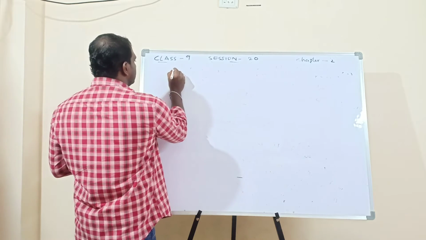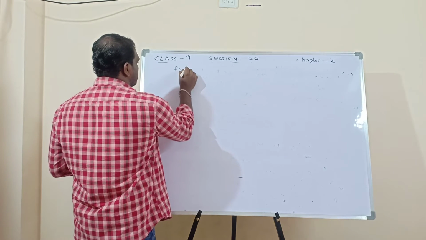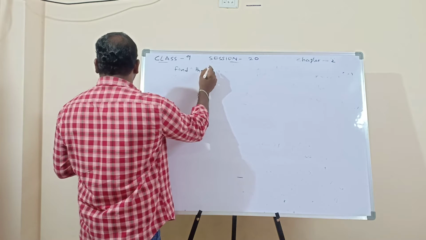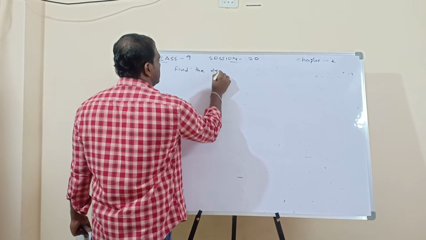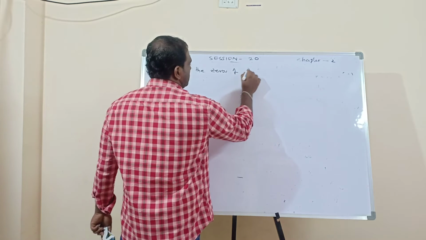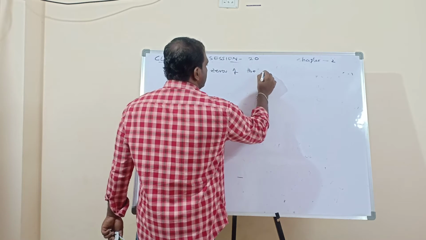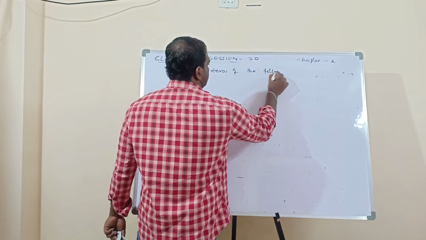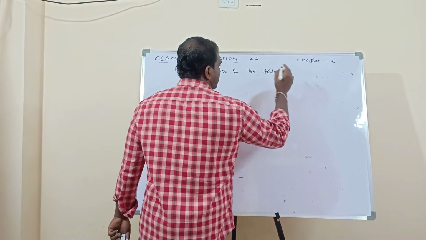Now the question is, find the zeros of the following polynomials.